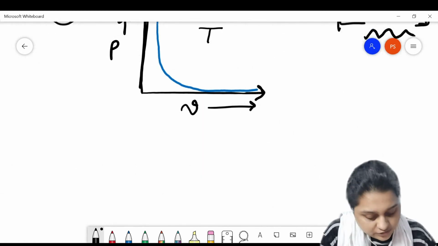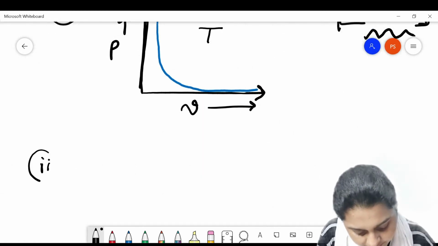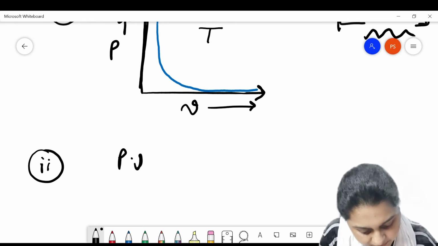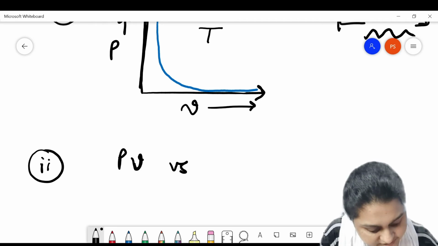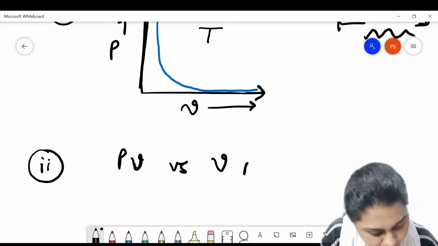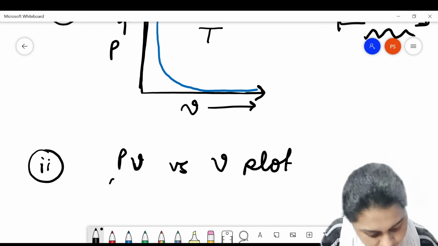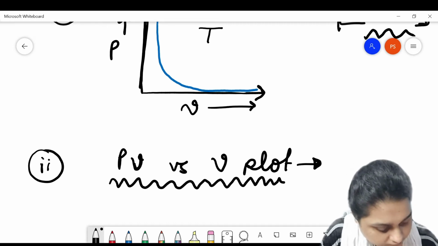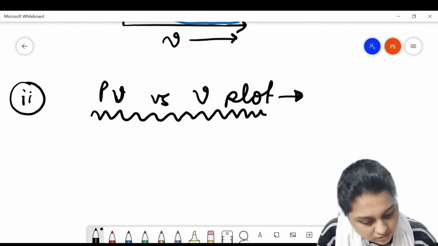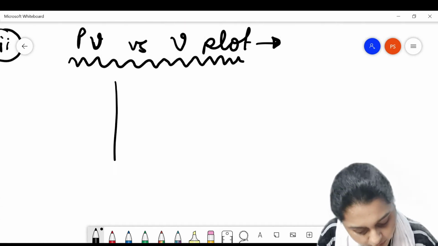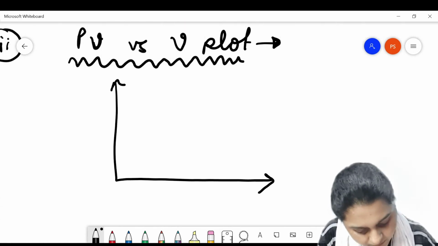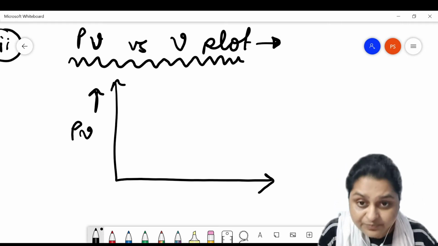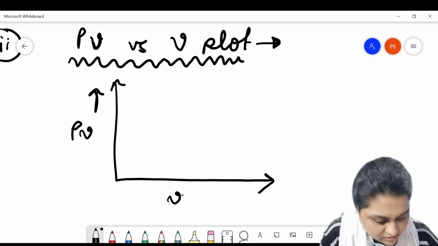Another plot can also explain Boyle's law, which is the PV versus volume plot. Now, to draw the PV versus volume plot, on the y-axis I am going to take PV, and on the x-axis volume is taken.